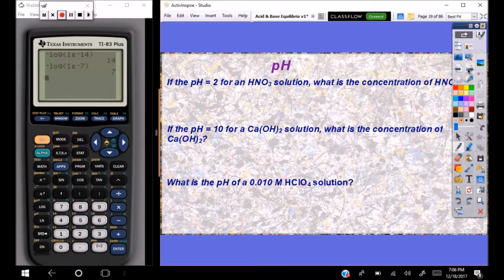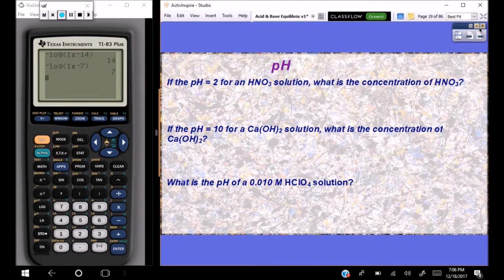So the pH for a nitric acid solution is 2. We want to know what is the concentration. Well, this is all an application of our pH equation. So we know that if pH is equal to negative log of my H plus concentration, or my H3O plus, and I wanted to solve for that, I could rearrange it to say log of my H plus is equal to negative pH.